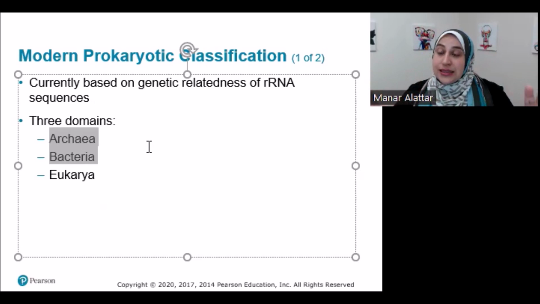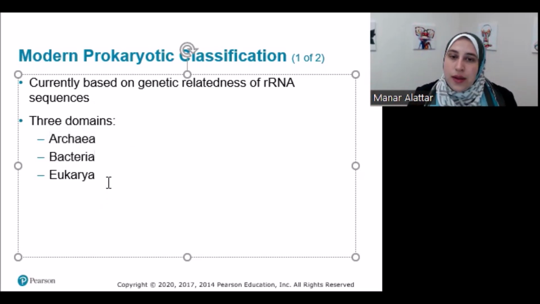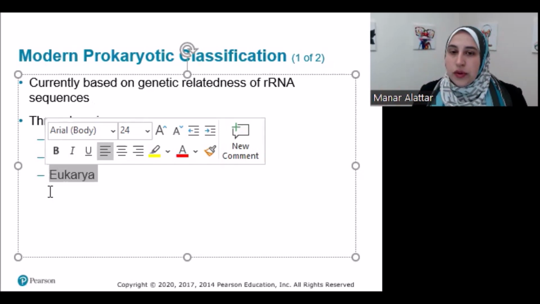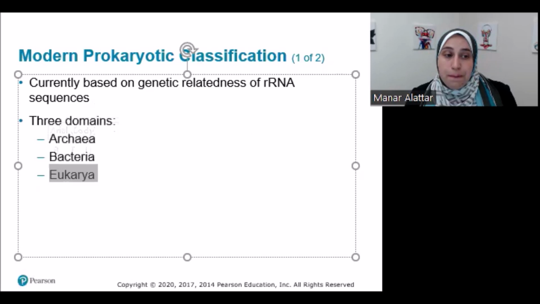In 1977, they were officially separated out as two unique domains of life with unique diversity within. Eukarya is where we exist, where the cells are complex and compartmentalized, and we can have multicellular organisms within this category, although there are still unicellular eukaryotes as well.